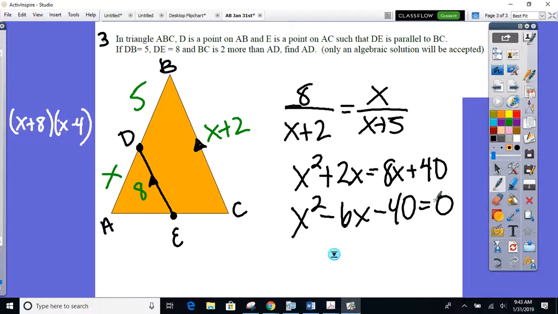All right, can we have a class decision? How do you want to proceed? Factor or quadratic formula? How do we want to proceed? You tell me. Can I see all the factors? Okay, how about I do it both ways? I'll satisfy both types of people here.